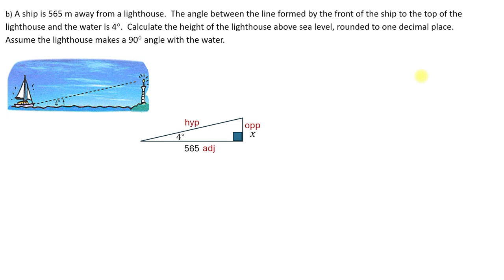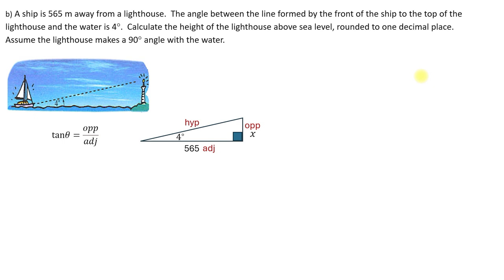We're being asked to calculate the opposite, and we're given the adjacent. So the trig ratio that deals with opposites and adjacents is the tangent. So we can say that the tan of some angle equals the opposite over adjacent.